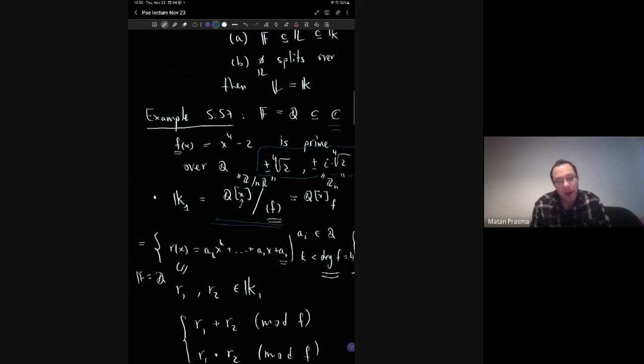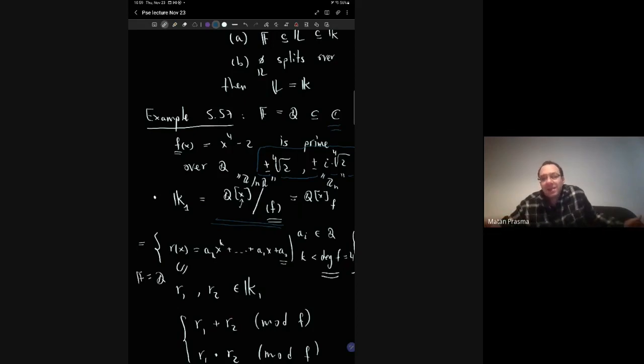But in general, you give me a field, you give me a prime polynomial, and if it doesn't have any root, and I don't know how to include this field into some bigger field that I already know, then the only thing I could do is add a new symbol that would be a root of this polynomial. Being a root of this polynomial means that this symbol satisfies a certain algebraic relation.